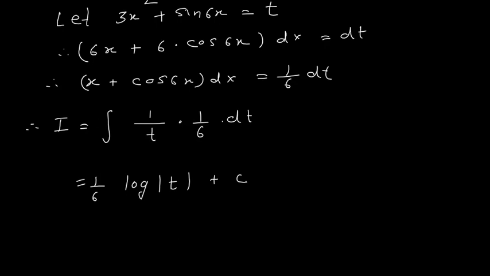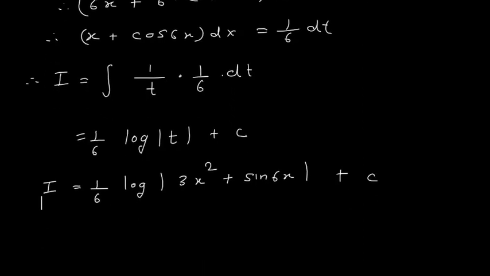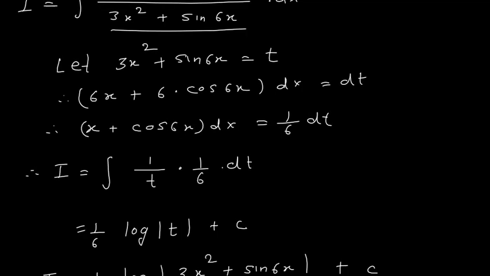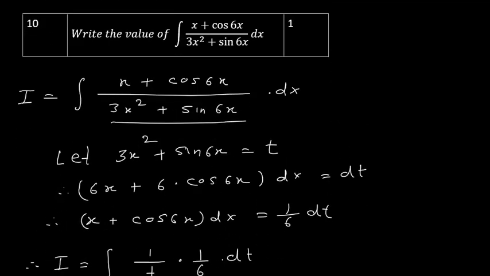Now what will I write in place of t? I will write in place of t as 3x square plus sin 6x, plus c. This is your value of I. I is 1 upon 6 log of (3x square plus sin 6x) plus c. Done, simple. Yes, this is your 10th question.